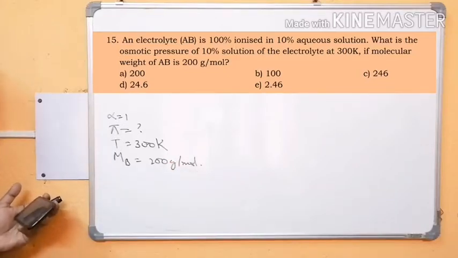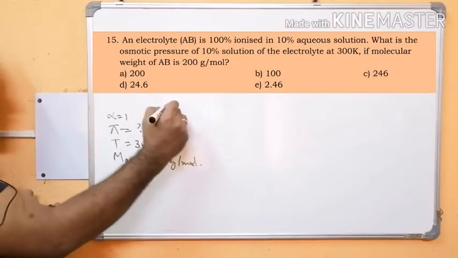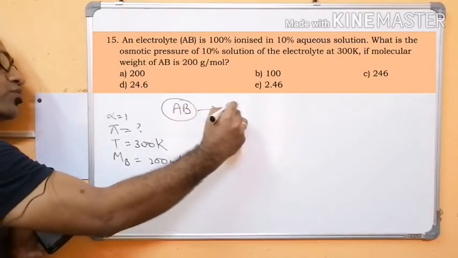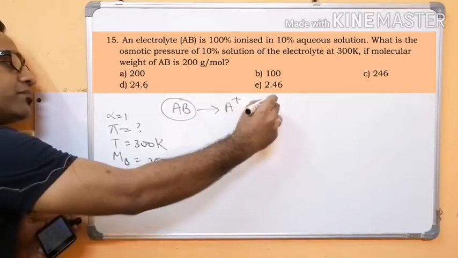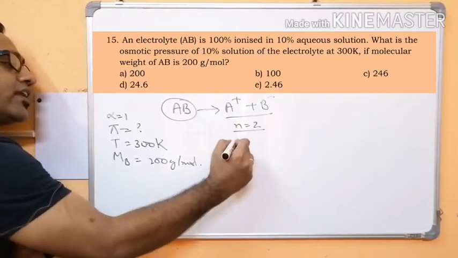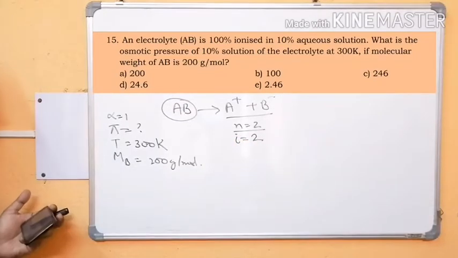Now what is the i value for an electrolyte which is 100% dissociated? Here AB will dissociate into A plus and B minus. So here n is equal to 2. If n equals 2, since it is 100% dissociation, i is also equal to 2.